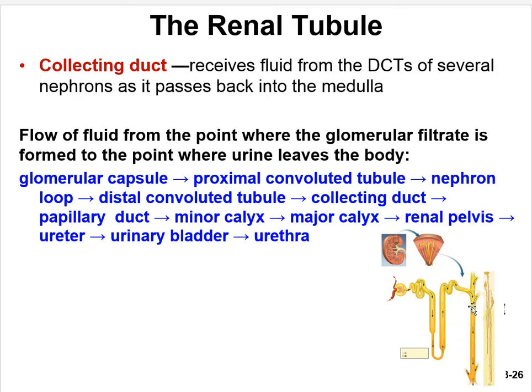From there, the papillary duct to the minor calyx, to the major calyx, the renal pelvis, then the ureter, the urinary bladder, and finally the urethra, and then out of the body.